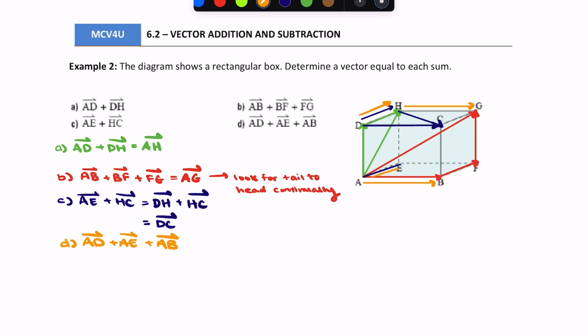So here we have vector A to D, vector D to H, and then vector H to G. And so this will be our resultant vector from A to G. So here, again, we can rewrite this as vector AD plus vector DH plus vector HG, which is equal to vector AG.